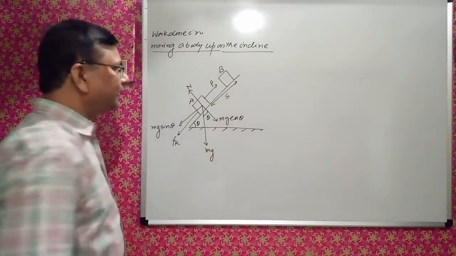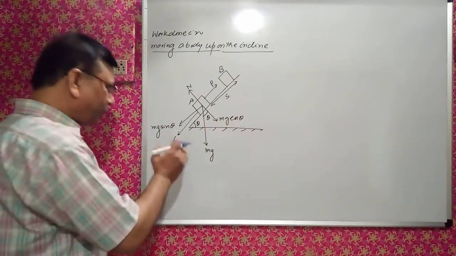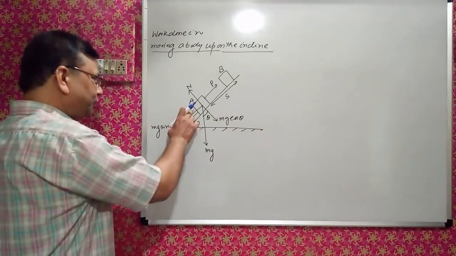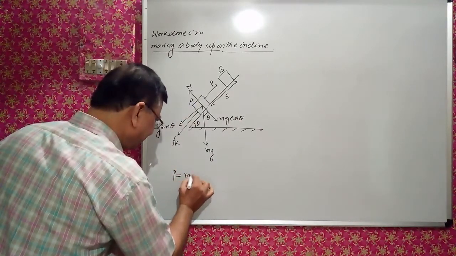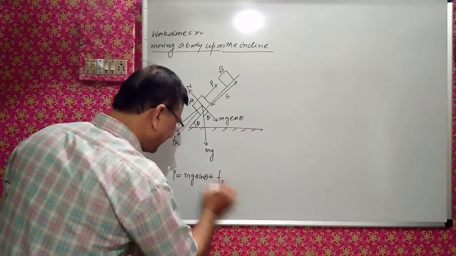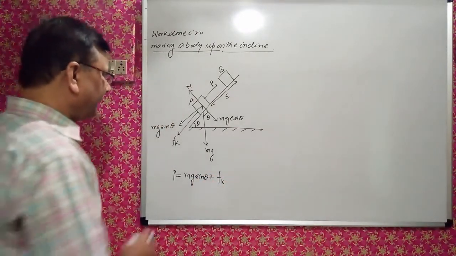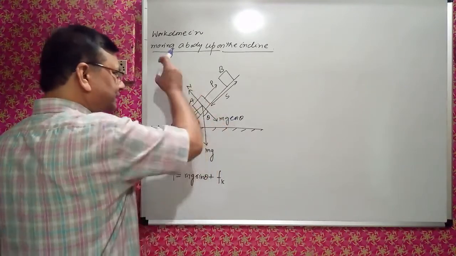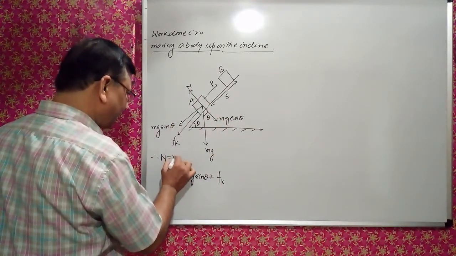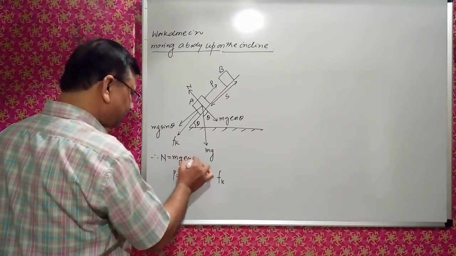the position of B. So force P will be equal to what? These two forces are acting, mg sine theta plus kinetic friction. And here the normal reaction, in this direction there is no motion, therefore normal reaction N is equal to mg cos theta.